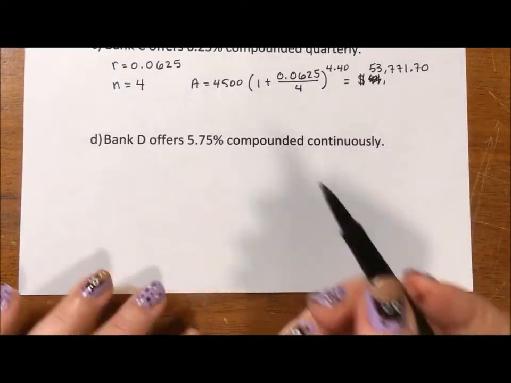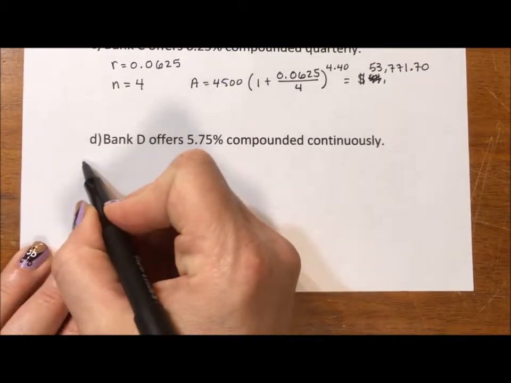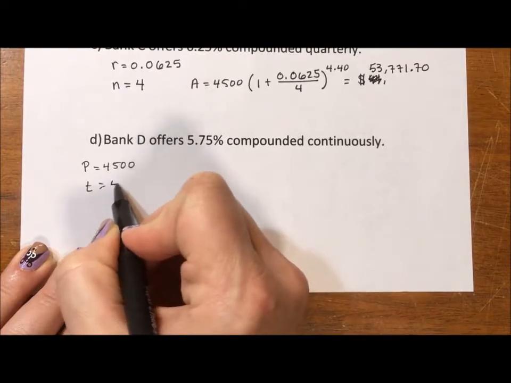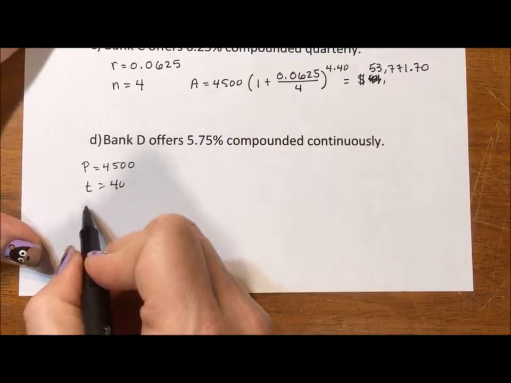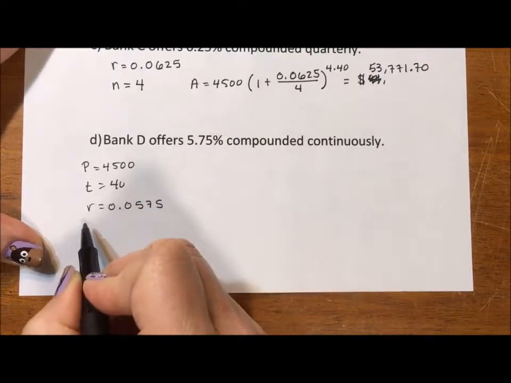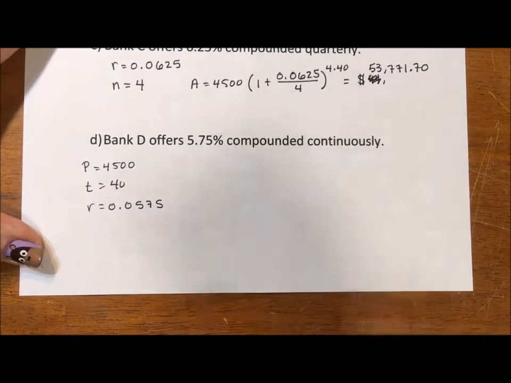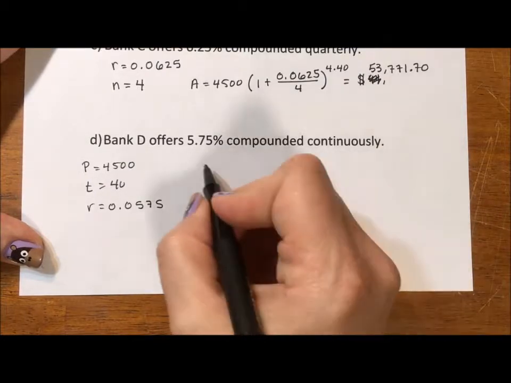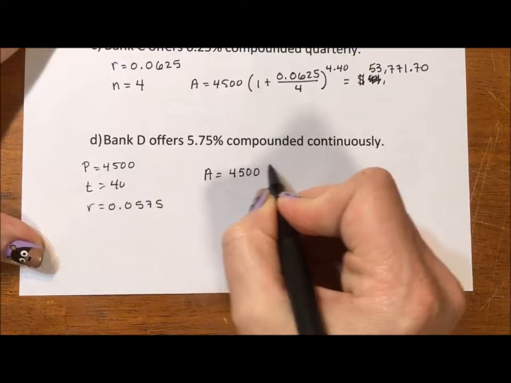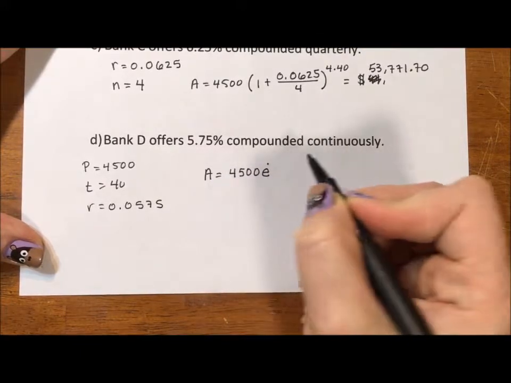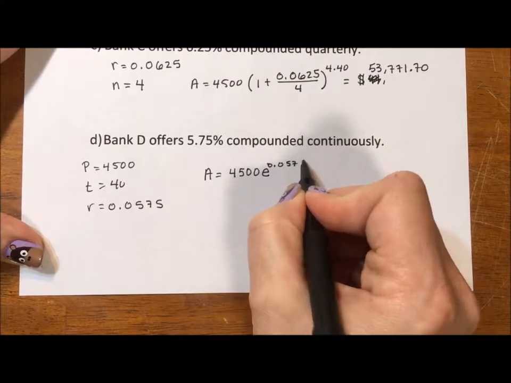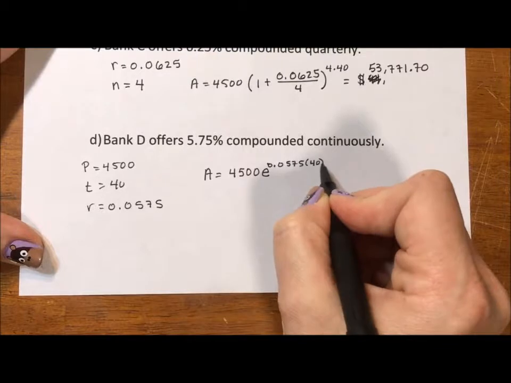E is a number. So if we're going to use this once again, her initial is still 4,500. Her years is still going to be 40. But now her rate is going to be 0.0575. And we don't need an N because it's happening continuously. So A is equal to the initial $4,500 times E to the RT, 0.0575 times 40.